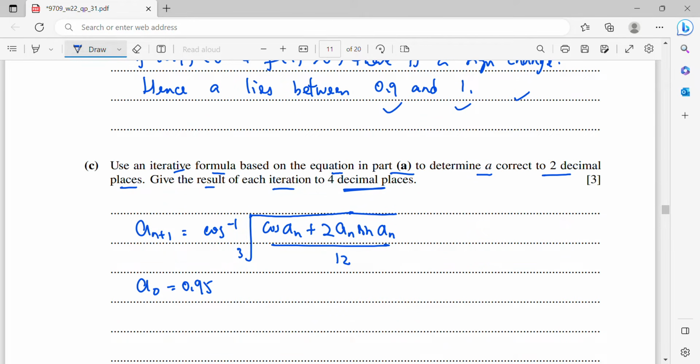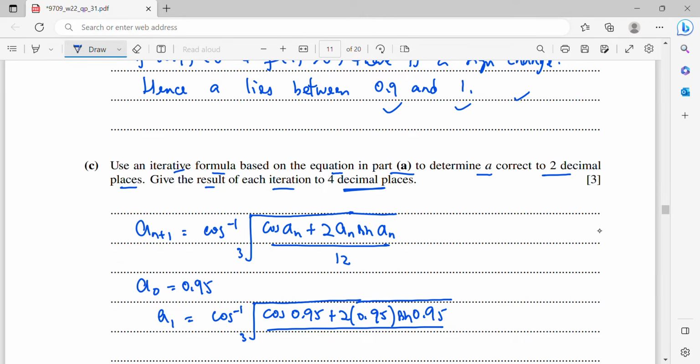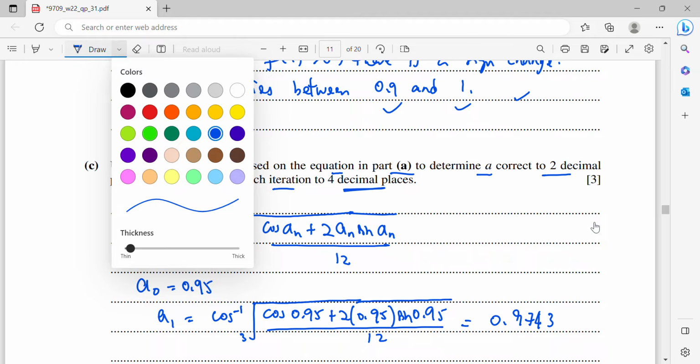With this A0, I will be getting A1 equals to inverse cos of the cube root of cos 0.95 plus 2 times 0.95 sine 0.95 over 12. Okay, so this is going to be 0.9743.